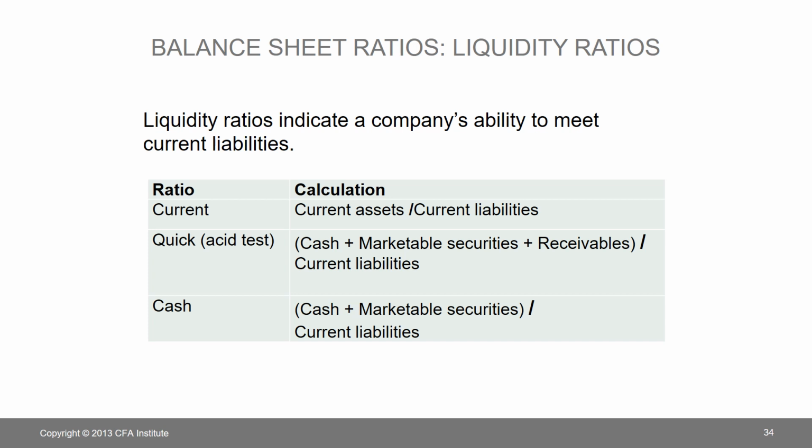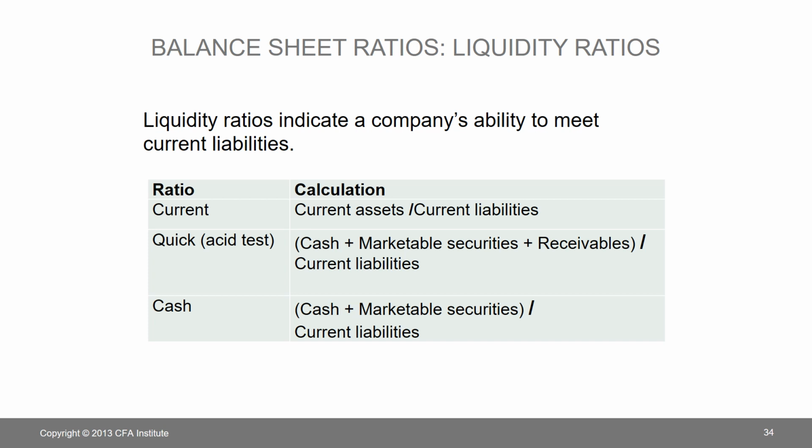Each of the line items on a vertical common-sized balance sheet is a ratio in that it expresses a balance sheet amount in relation to the total assets. Other balance sheet ratios compare one balance sheet item with another. For example, the current ratio expresses current assets in relation to current liabilities as an indicator of a company's liquidity.